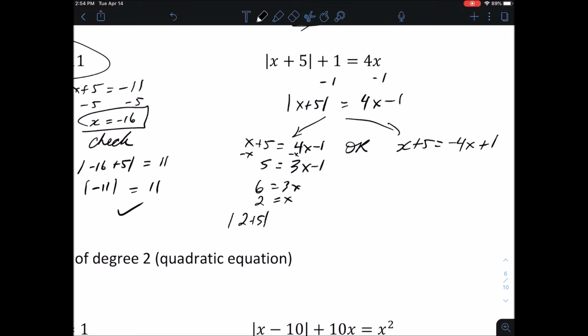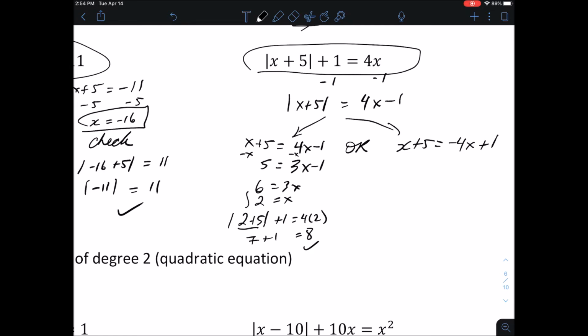And then I might as well check that while I'm at it. 2 plus 5, and I'm checking in the original, which is up here. Plus 1 equals 4 times 2. So this side's 8. This is going to be 7. Plus 1 is also 8. So yep, we are good. This is a good answer.